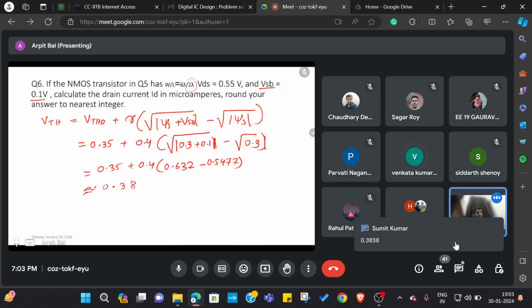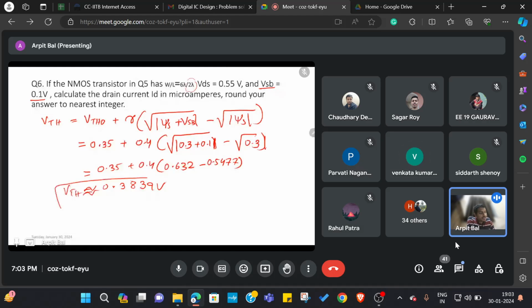Approximately I'll write it as 0.3839 because the next significant digits are actually 38389 something, right? So this is my VTH.